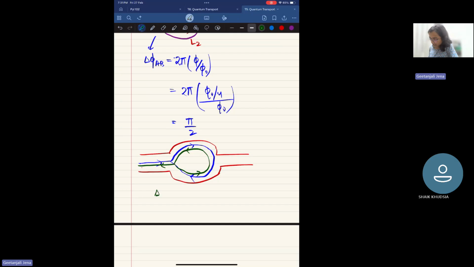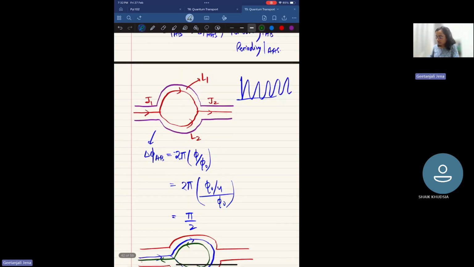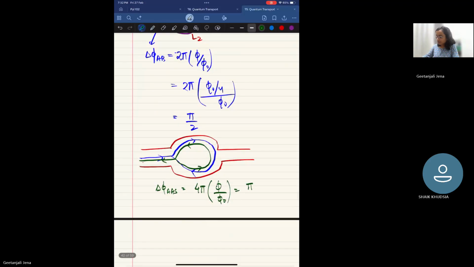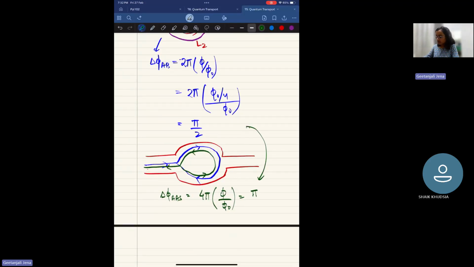And for this AAS effect, it is 4 pi phi by phi 0. So that means it will give a value of pi. If we compare this, del phi AAS is 2 times del phi AB.